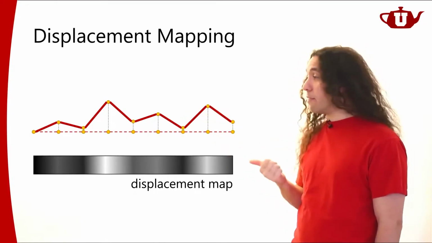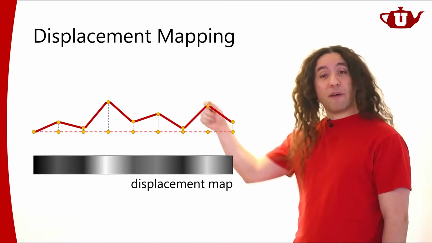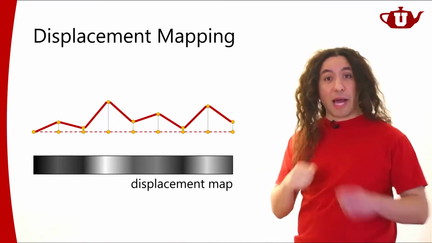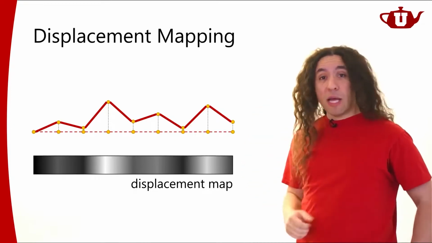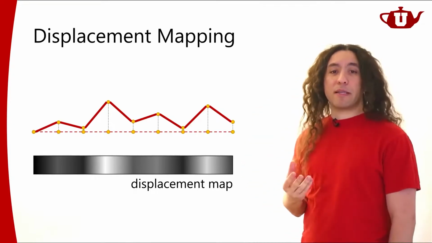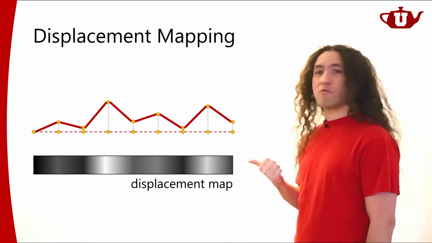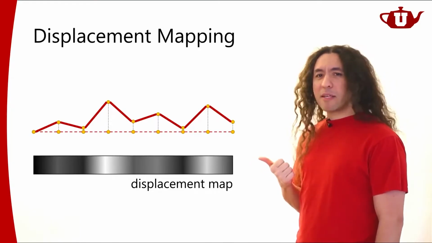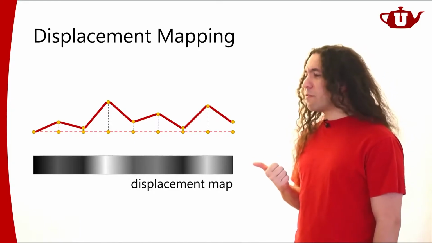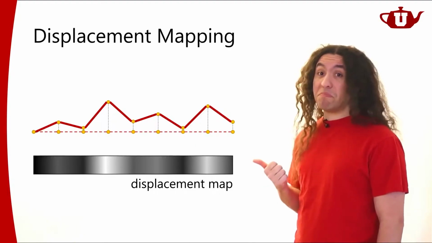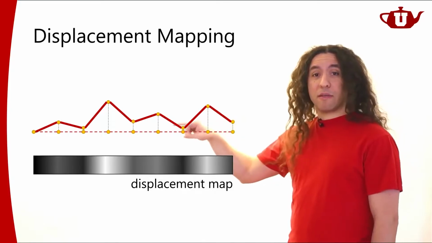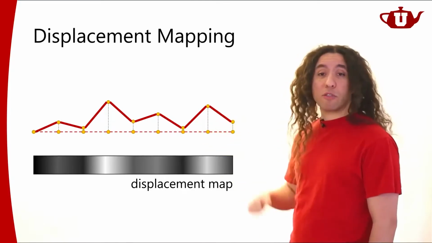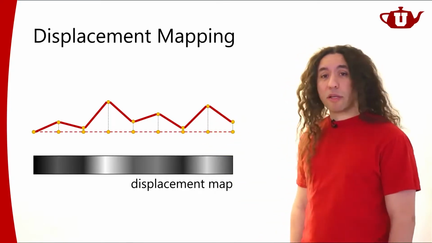So I could have an RGB color that defines that perturbation. So displacement map can represent a 3D perturbation, but oftentimes we just use a height map like this, because for a lot of applications, this is more than good enough. If you have these perturbations along the surface normal, it's oftentimes more than good enough.